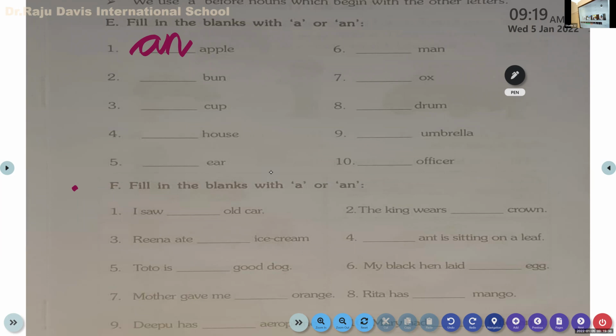A bun, very good. It starts with a consonant letter, so we have to use "a" before the word. That is a bun. Very good. Yes, come on, write. Are all of you writing?